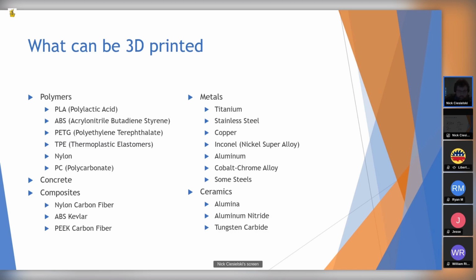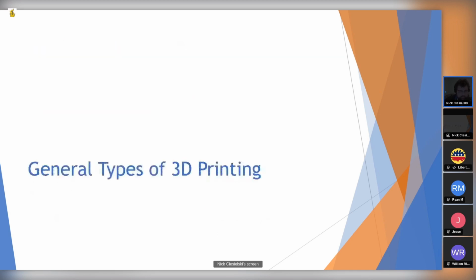So there's a whole wide range of what this is being used on. Like I said, though, our bread and butter here is going to be these four: PLA, ABS, PETG, and TPE. That's what you're generally going to see at home.